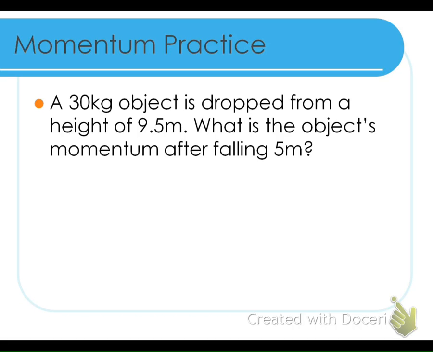So right now, we know that this object starts up here at 9.5 meters. It falls a distance of 5 meters, and it ends up at 4.5. So now this object's down at the bottom. We need to find its velocity during that time.